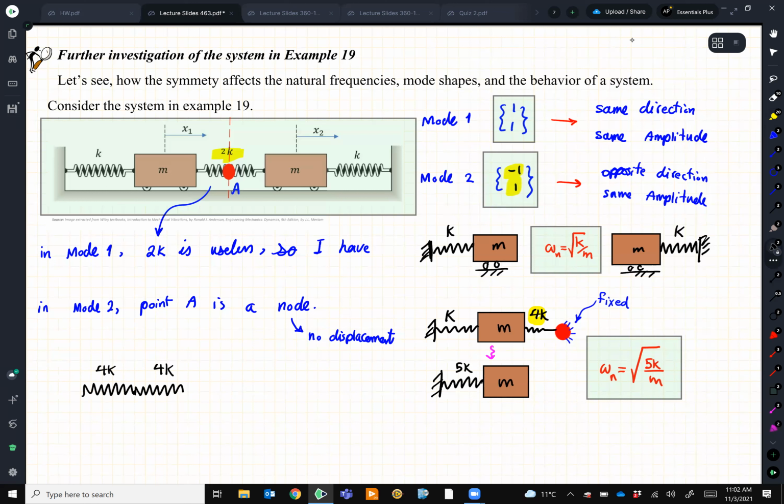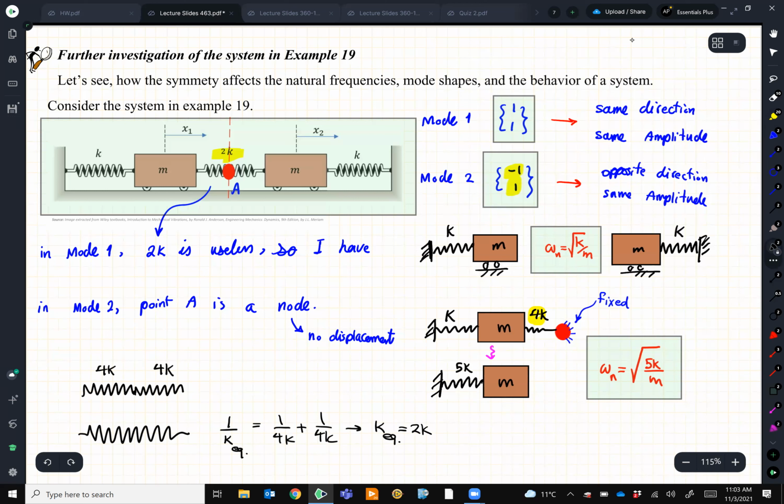If I attach them together, these two are in series, so 1 over K equivalent is 1 over 4K plus 1 over 4K. So your K equivalent will be 2K. That's why when I cut it in half, I put 4K here.